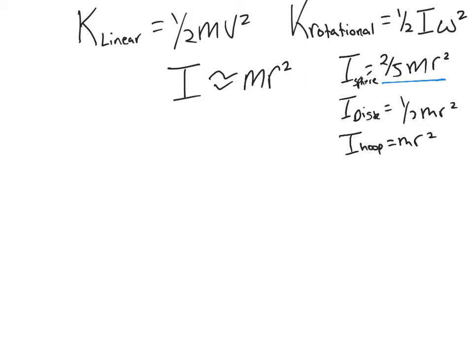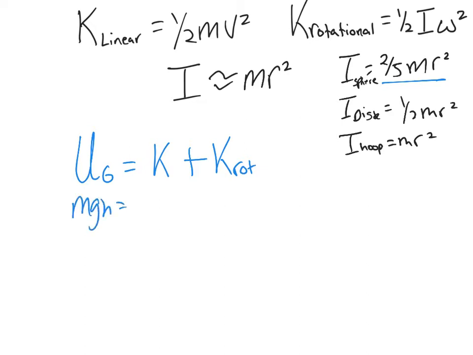All right. So how does potential energy and kinetic energy relate now? Well, now, instead of just doing Ug equals K, we have to add in the rotational kinetic energy if we're going to be dealing with that. So what ends up happening is basically you get mgh equals 1/2 mv squared plus 1/2 I omega squared.